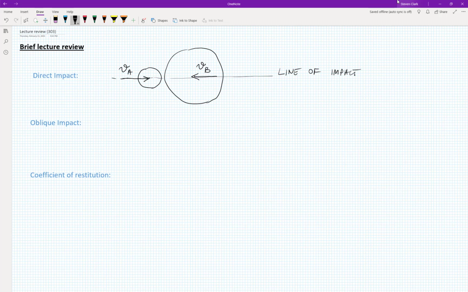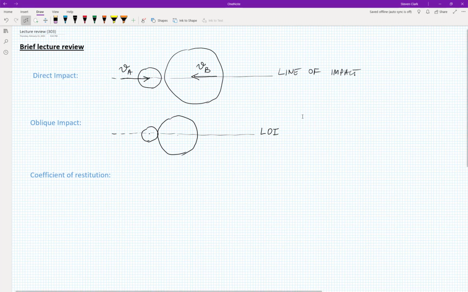In oblique impact, the situation looks a little bit different, because if we consider a very similar situation, we have again two bodies that are about to collide. Again, we will have here our line of impact, but just to save some ink, I'm just going to write an abbreviation, LOI. In this case, our velocities do not have to be aligned with the line of impact.